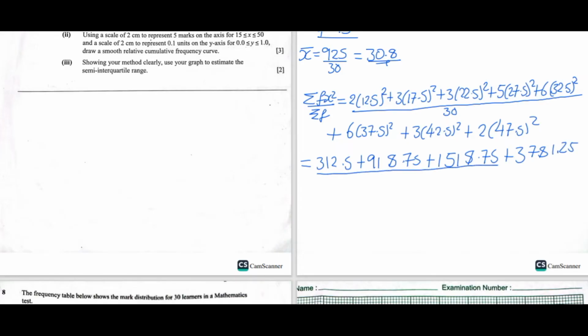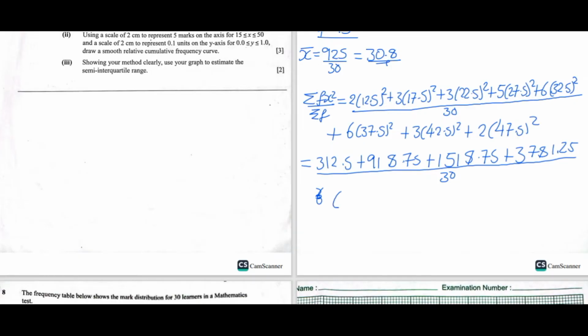Then we know that the total is still 30, but we are not yet done. So from this we move on to 6 times 32.5 squared.